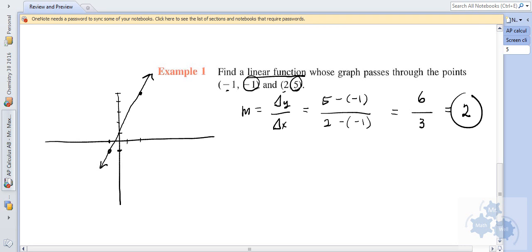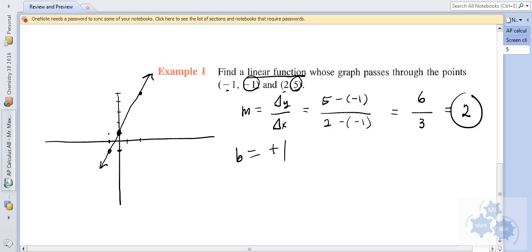What's the y-intercept? Well, if you drew your line carefully, you might be able to see that, hey, it looks like it's 1, right? But what you could do, too, is go from this point and go, slope is 2, so it's up 2, over 1, I'm going to have a point, and that does indeed end up right on the y-axis. So your b value is +1.